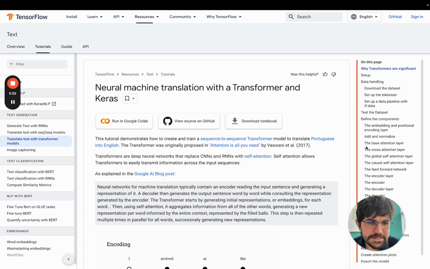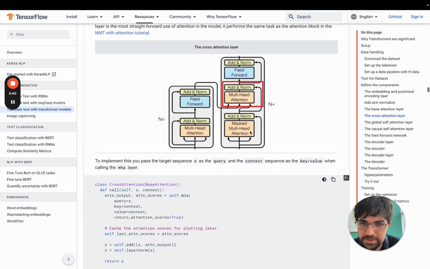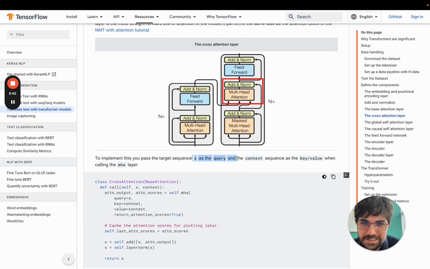In this tutorial from TensorFlow, we can see in the cross attention layer, which is the part we'll be implementing, that the target sequence, which is what comes from this side, is going to be the query, and the context sequence, which comes from here, are going to be the key and the value.